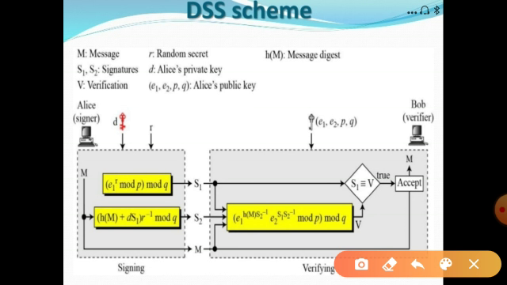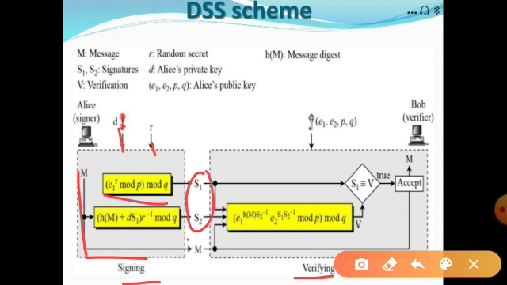Next, this is the signing algorithm and the verifying algorithm. For making the digital signature, we have to use Alice's private key only, and r is a random secret. Next, how are we generating the s1 and s2 values?